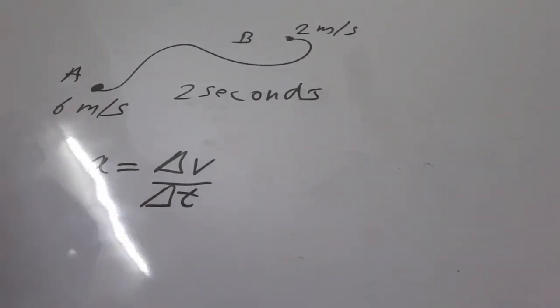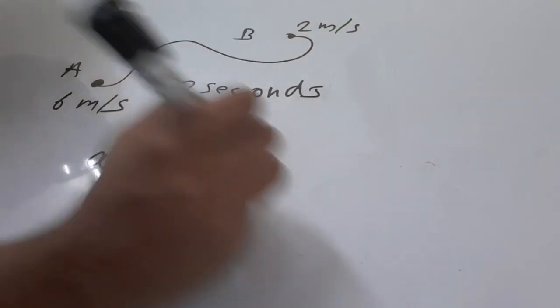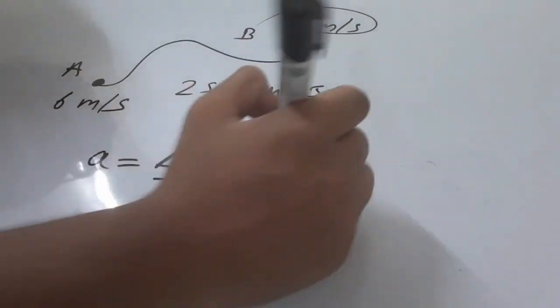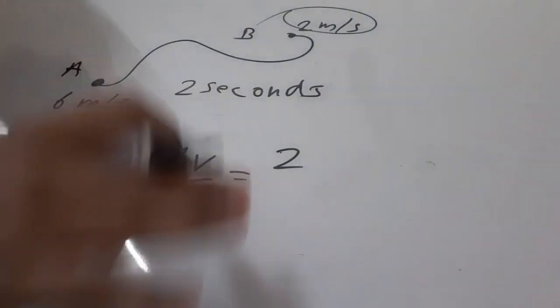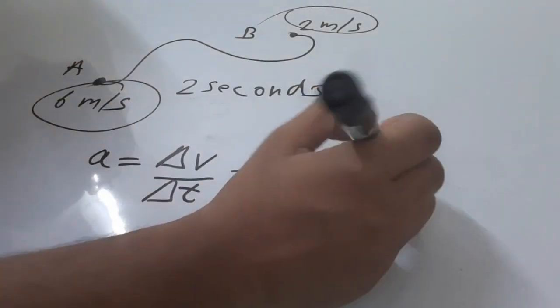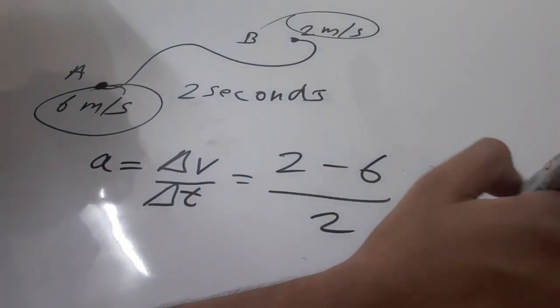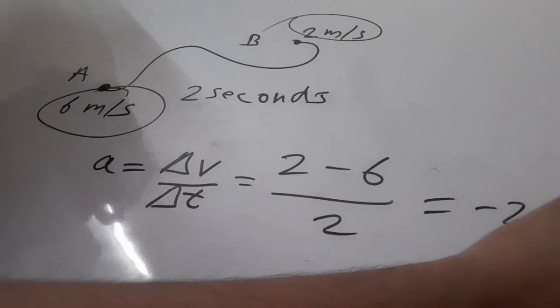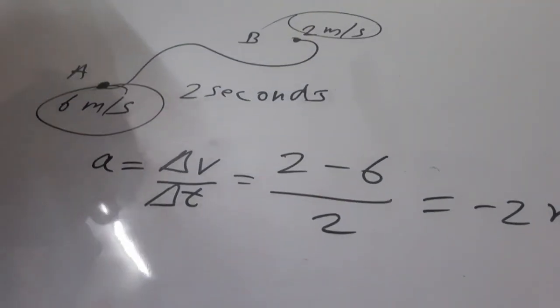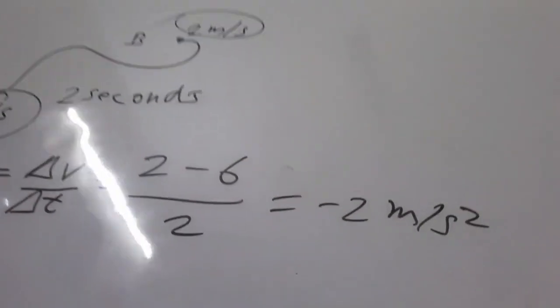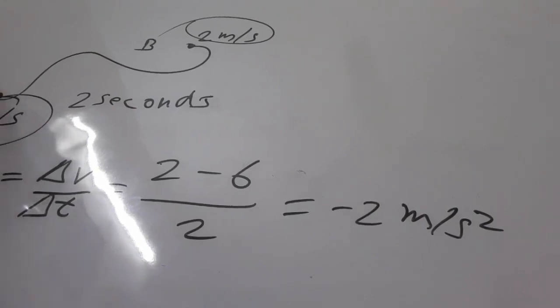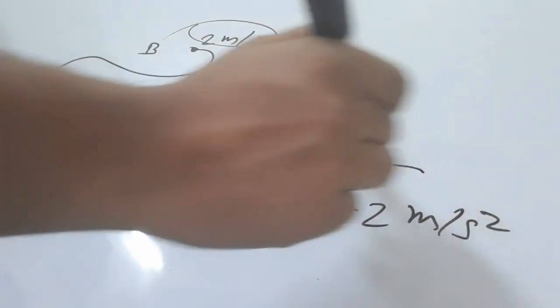The final velocity is 2 meters per second. And the initial, at the starting, it was 6. 2 minus 6 upon delta T, which is 2. This will amount to minus 2 meters per second squared. Can you guys see that? Now you guys can. Okay. So that is my acceleration in this case.